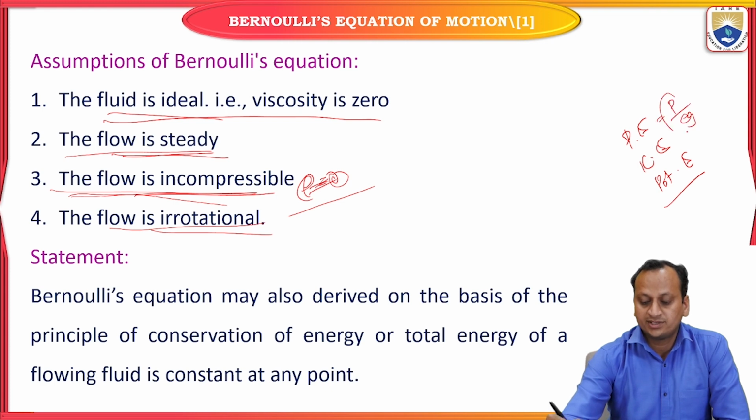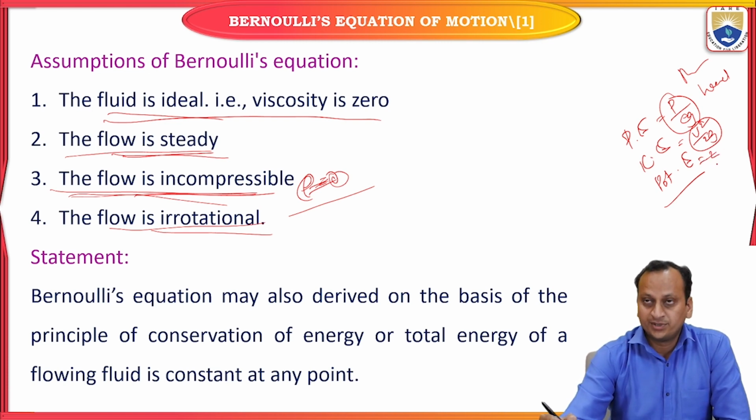P by rho g is the pressure energy per unit weight, also known as the pressure head. Similarly, the kinetic energy V square by 2g is the kinetic energy per unit weight, or kinetic head. And the potential energy, denoted by Z per unit weight, is known as the potential head.